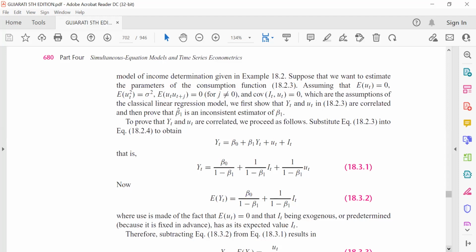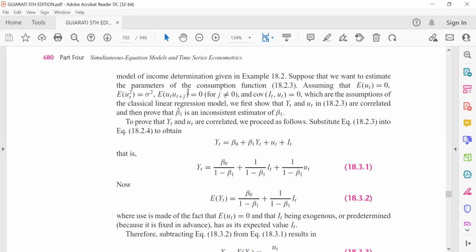Suppose that we want to estimate the parameters of the consumption function, assuming that the expected value of the residual is 0, the expected value of the variance is sigma square, and the covariance is 0.